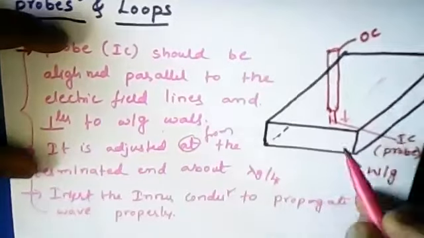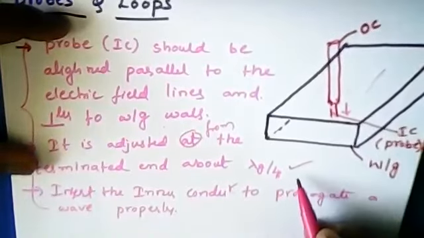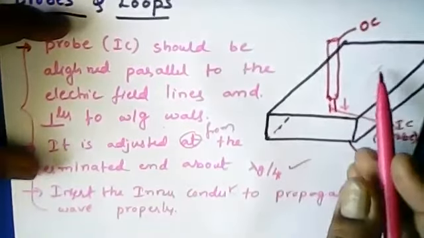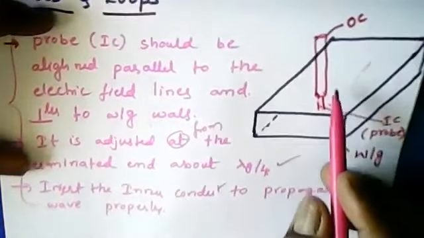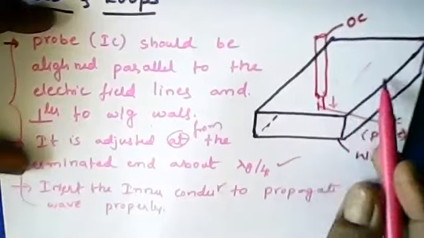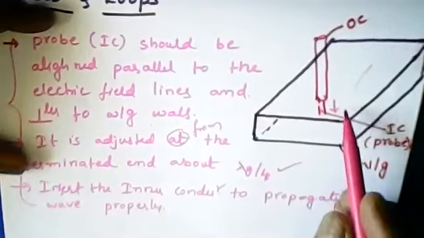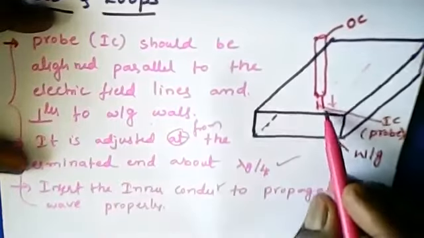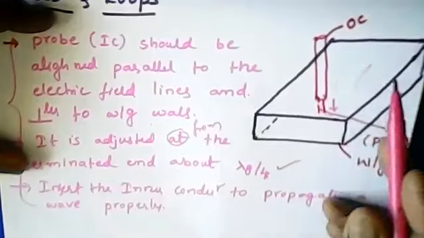If we maintain other than lambda g by 4, then some interference will be created, thereby causing disturbance. Because of the to and fro movement of these signals, it may cause disturbance to the transmission. So we have to maintain a standard lambda g by 4 from the terminating end of the waveguide.